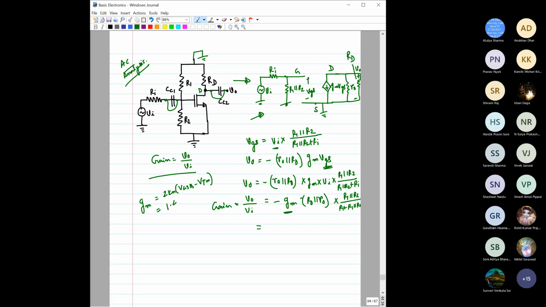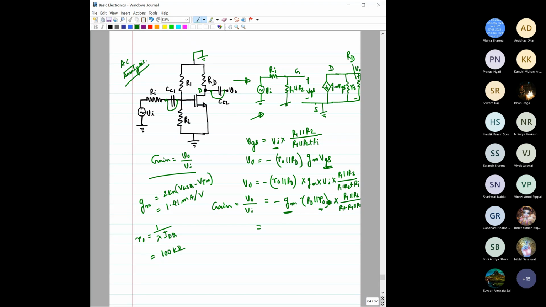If you calculate it, since all the values are known, it will come as 1.41 milliamps per volt. R naught is also there. Now what is R naught? R naught is 1 by lambda IDQ. You know IDQ and the lambda value is given. If you find it, it would come as 100 kilo ohm.